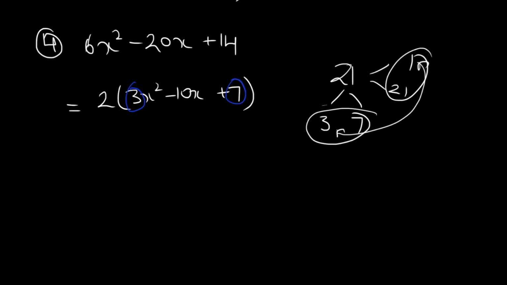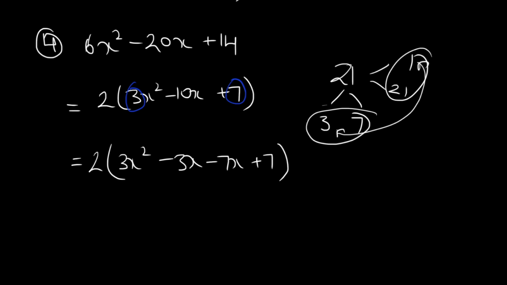Okay, so the next step is to actually break this up. So we have 3x squared, then I have minus 3x. So again, I'm going to put 3 here so I can easily factorize it, and then minus 7x plus 7. So again, you can see that I've used 3 and 7, which are factors of 21. They multiply to give 21.